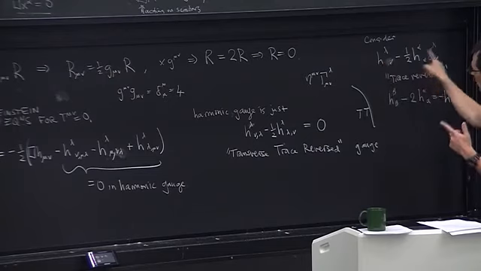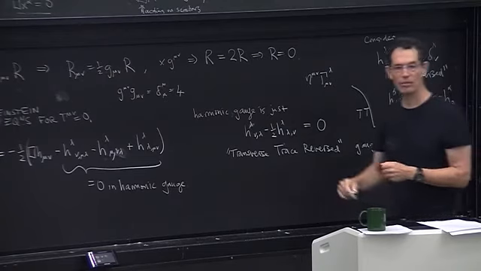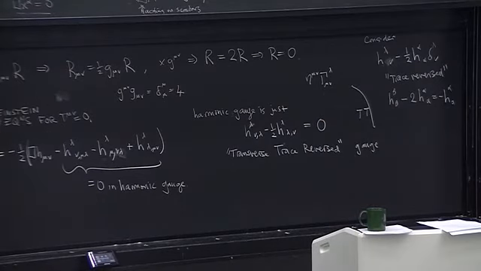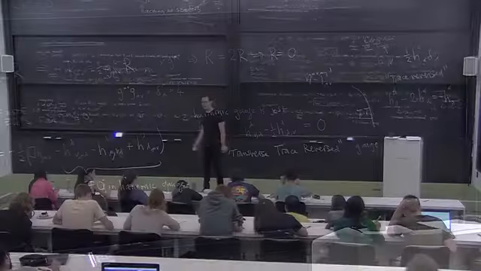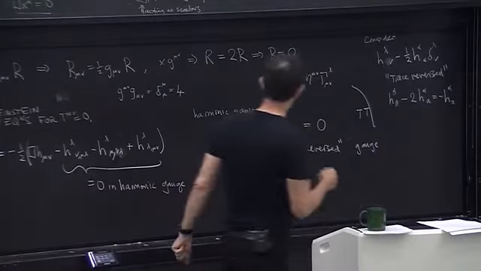So that means the trace of this is minus the trace of h. That's why we call it trace reversed. So just take the h, subtract off the trace with the right coefficient, so that the trace of the new guy is reversed.